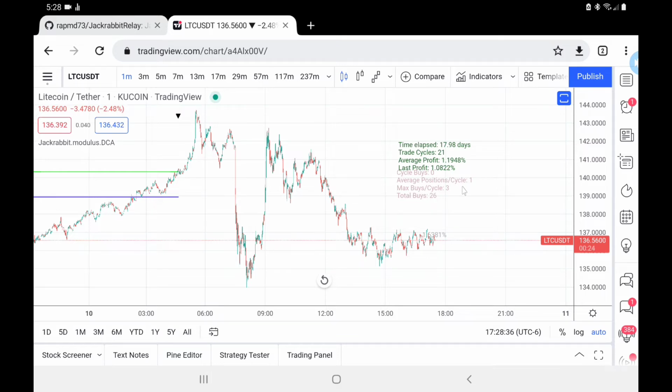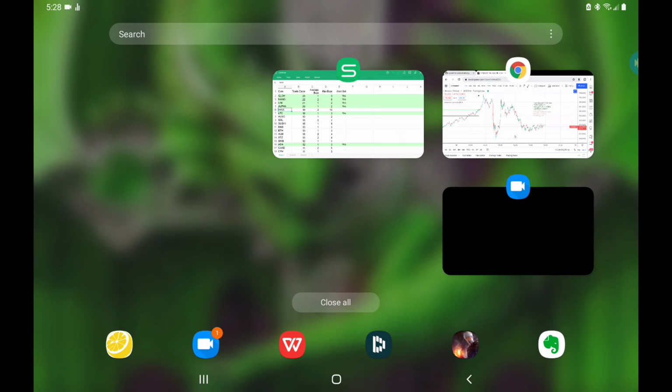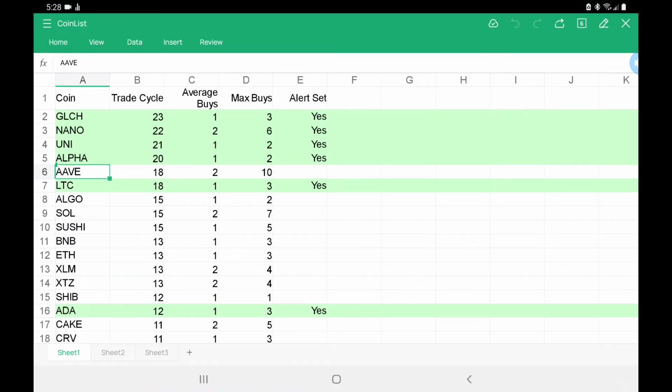And the reason for that is very simple. I have a list of coins that I will be using this on. And right now the ones in green already have alerts set up. Coins I am watching.